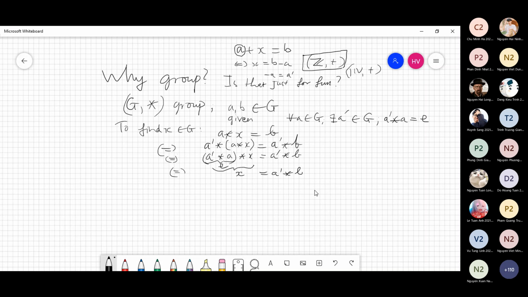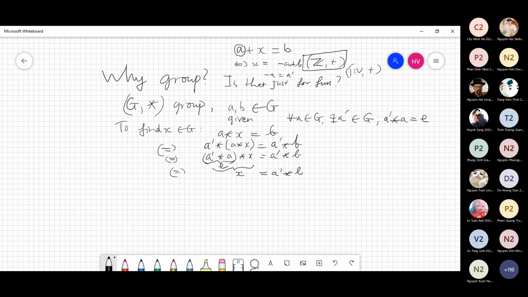When the operation is written as addition, we denote A' by minus A. So I should write it this way: minus A plus B.